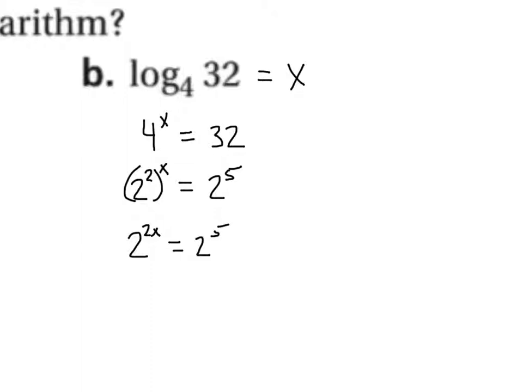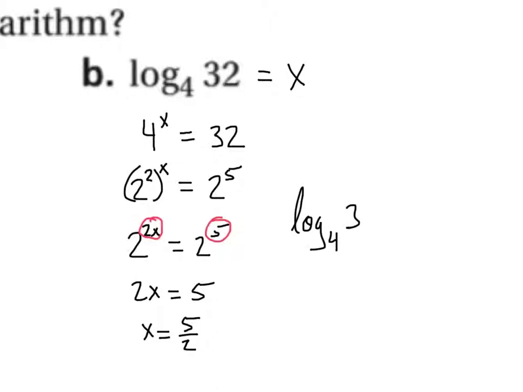Now I have the same bases, so the exponents have to be equal. So 2x must equal 5. Dividing both sides by 2, x equals 5 halves. So our answer is log base 4 of 32 equals 5 halves.